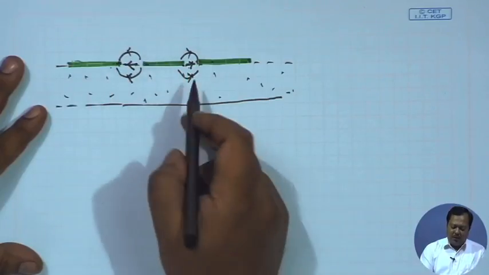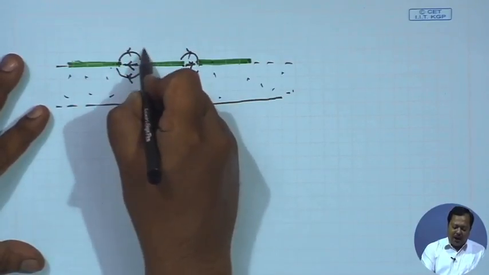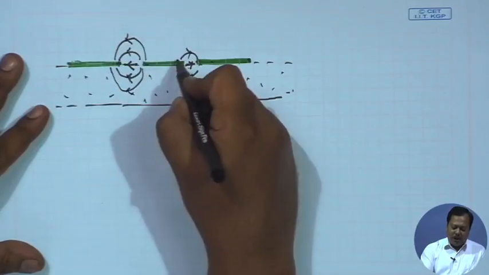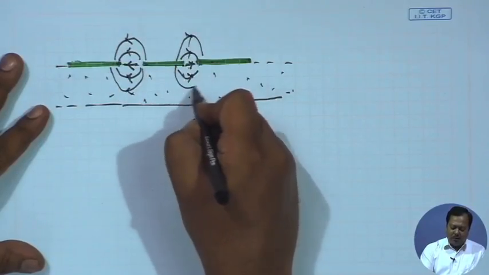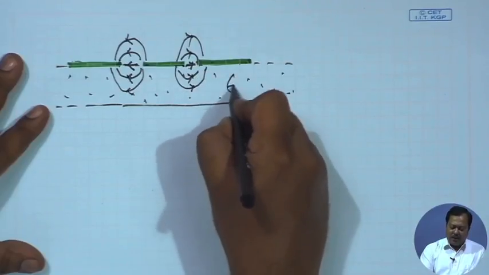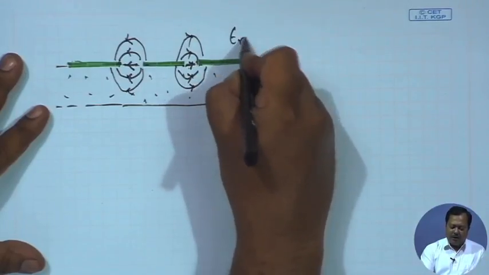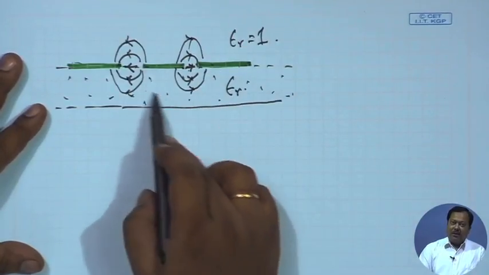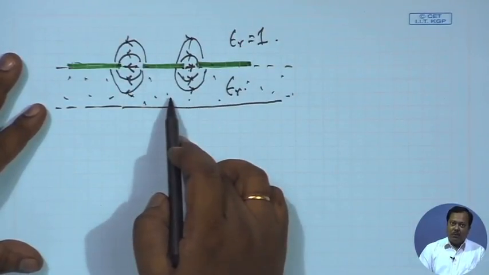So, again we see that we have some fringing field in air and some fields inside the dielectric. So, we will be facing dispersion problem, just like microstrip line.